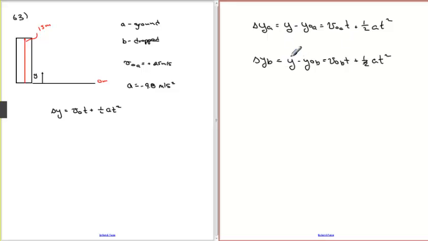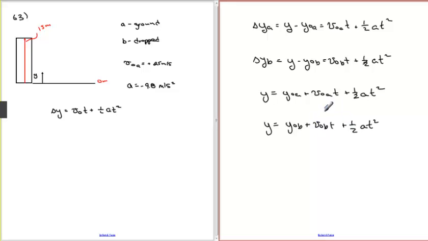And so what we want is to get to the point where we're at the same height. So if we solve each one of these for y, y is equal to y0a plus v0a t plus 1/2 a t squared, and y is equal to y0b plus v0b t plus 1/2 a t squared.